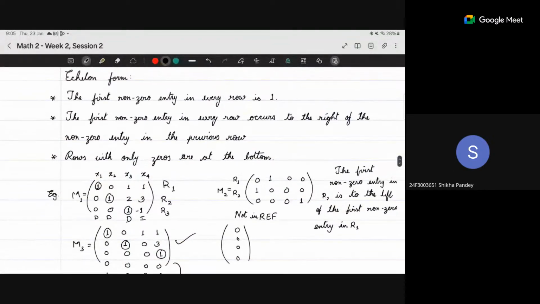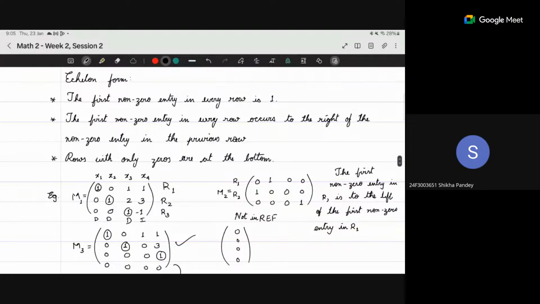So does any of the rules appeal to some property which is dependent on the order of the matrix? No, correct?